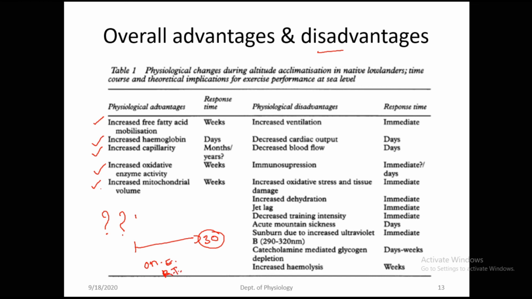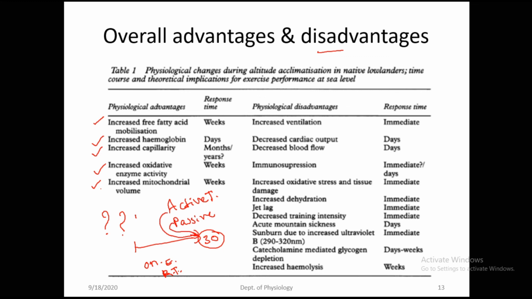So we have two varieties of training regimes as far as hypoxic training is concerned. One is active training, the second one is passive training. So the hypoxic training of 30 days can be passive or it can be active.